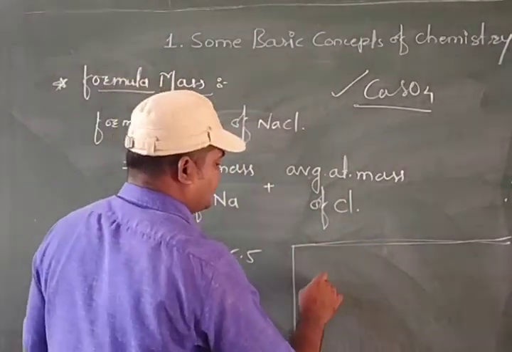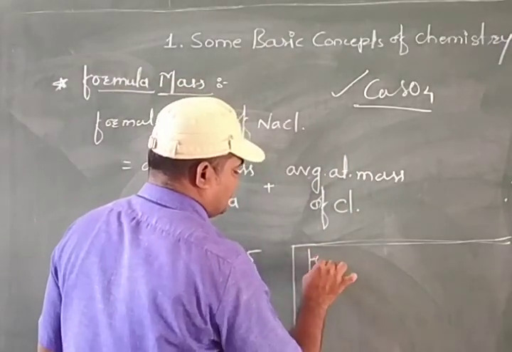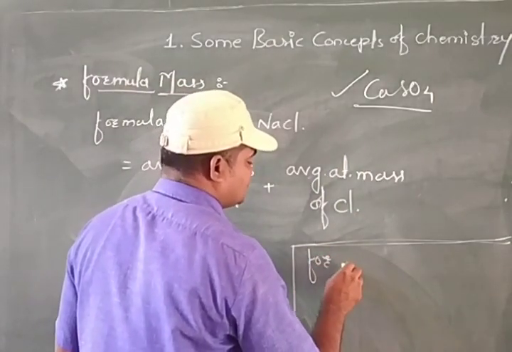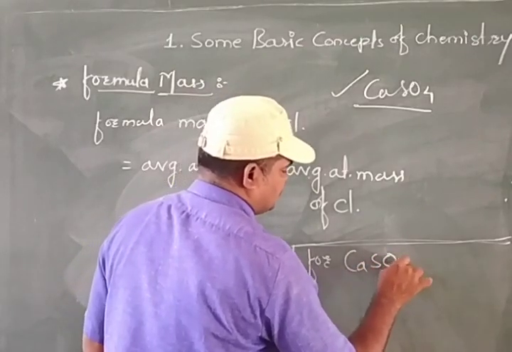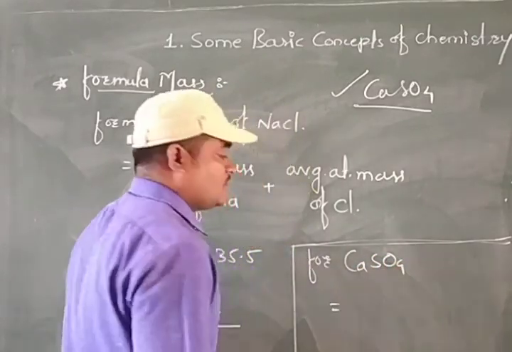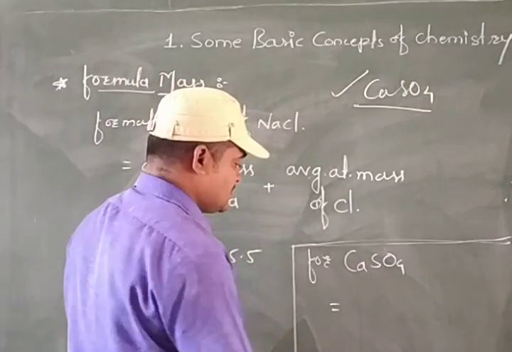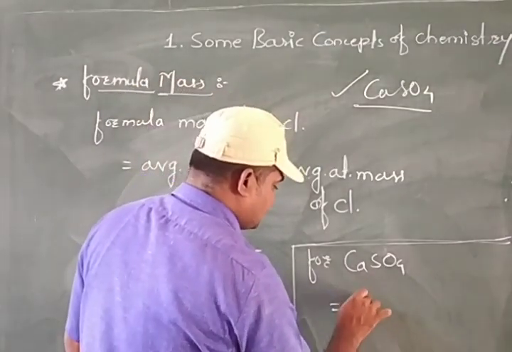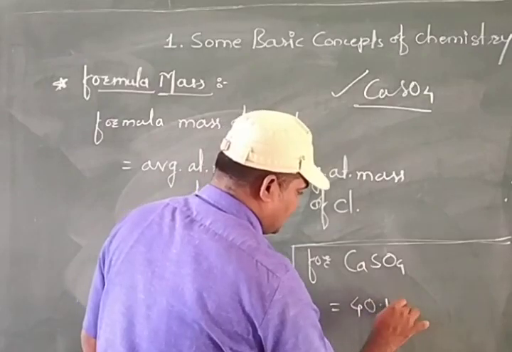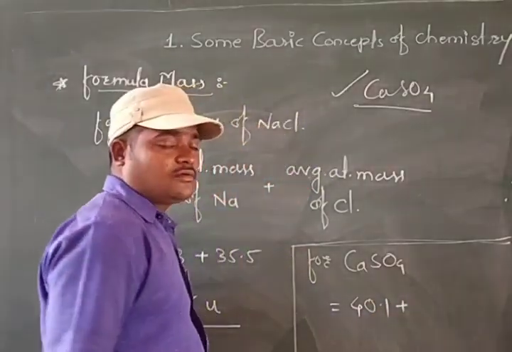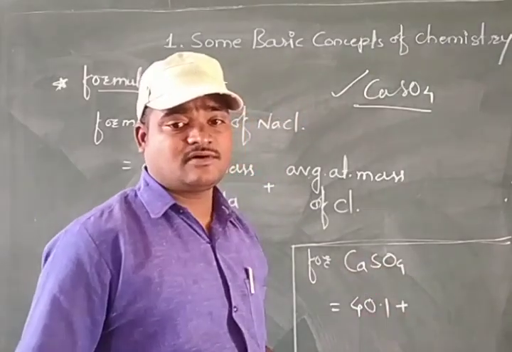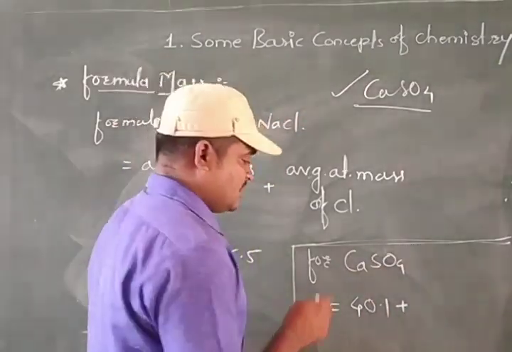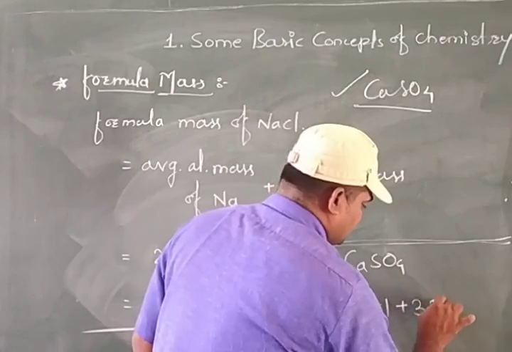You have to do the direct addition of atomic masses of their corresponding elements. For CaSO4, it will be, for calcium, 40.1 plus, if you look at the periodic table, the average atomic mass for sulfur is 32, and that value you have to use here.